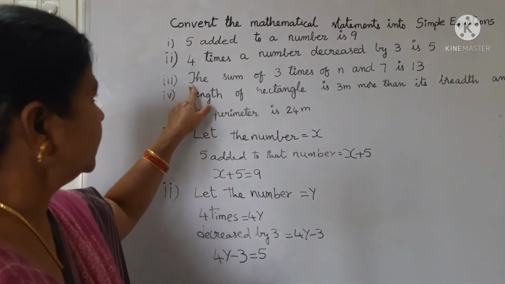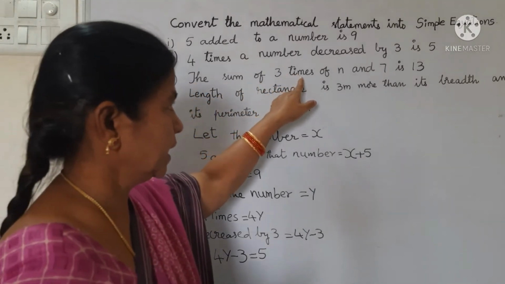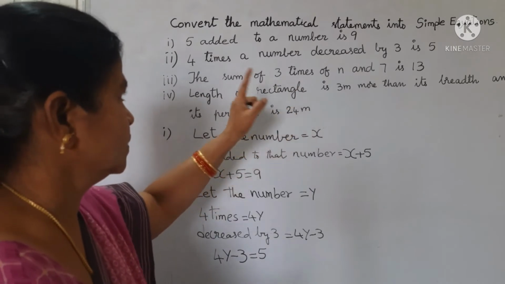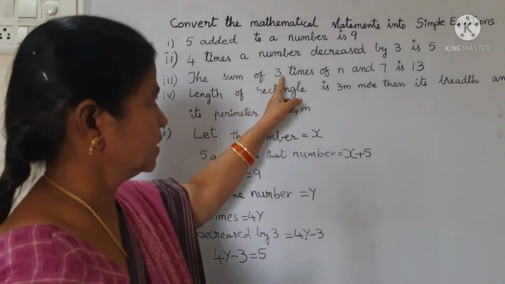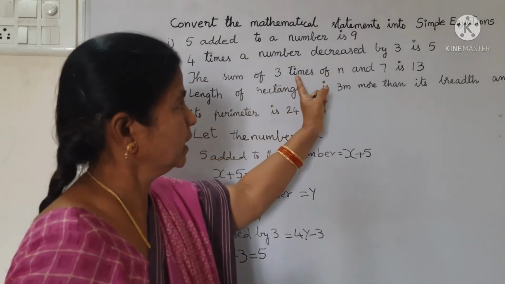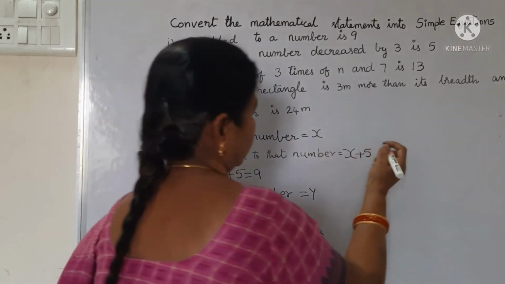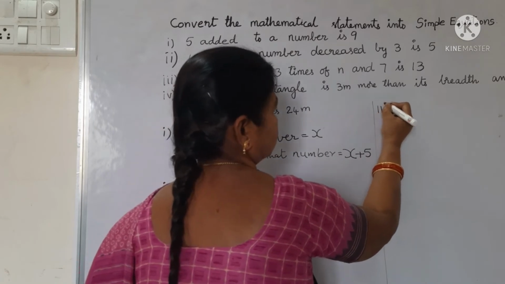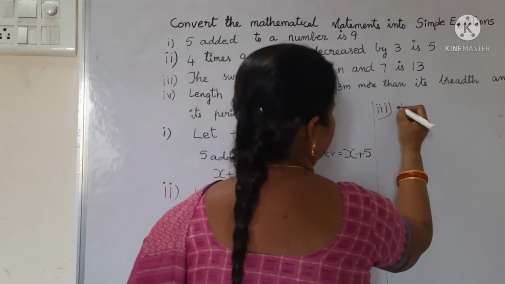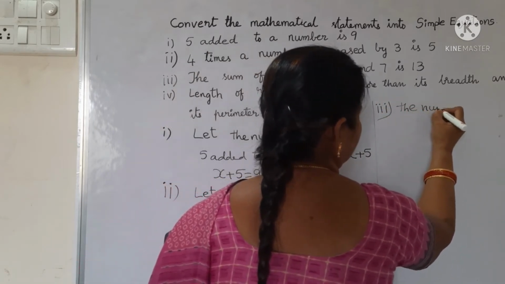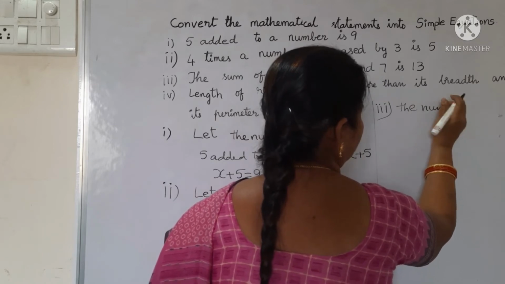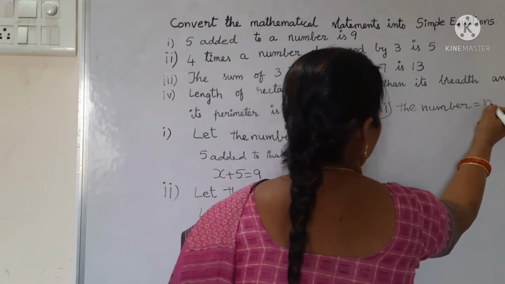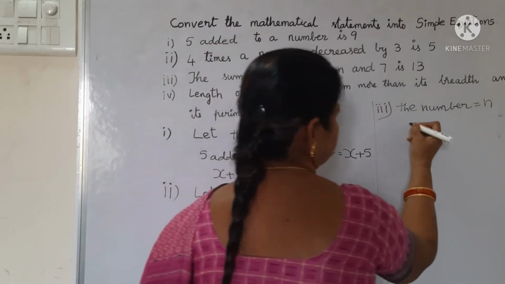So read again: the sum of 3 times n and 7. The number is already given here as n, and we take 3 times the number.